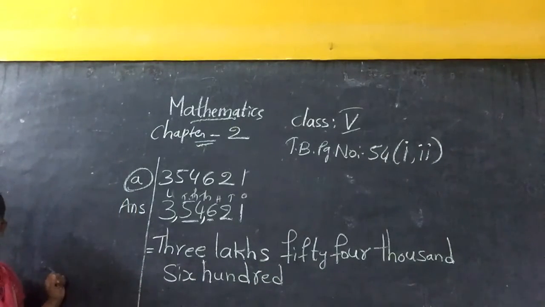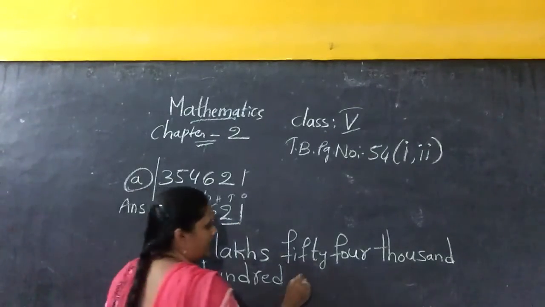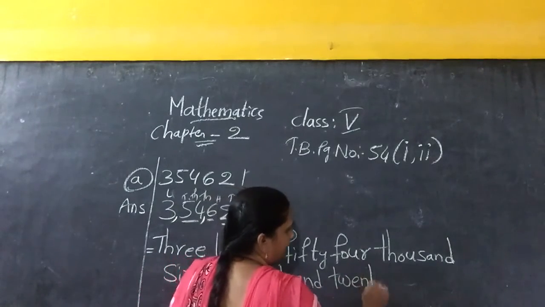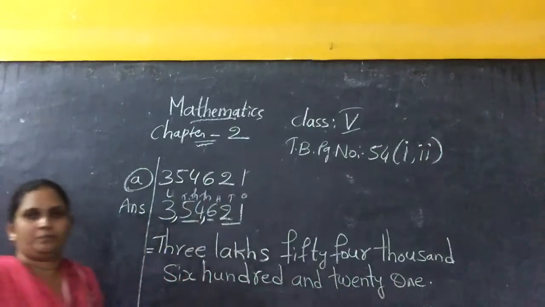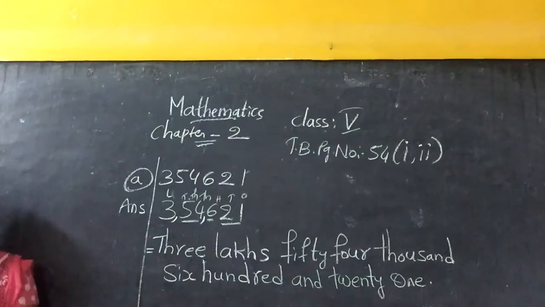And the last 2 digits we read together: 21. AND TWENTY ONE. Right, children, after that I will explain how to write the numerals in section 2.